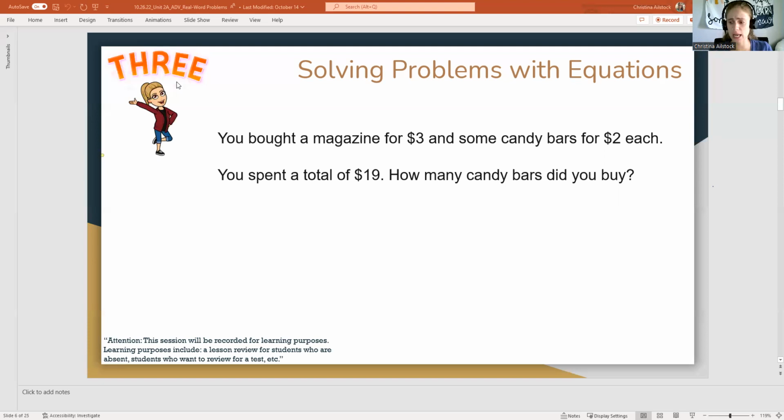For example, the other day, when my husband was working, because he works from home as well, I overheard him, and he was having to come up with an equation because they were trying to figure out, all right, how many hours does it take to do this, this, and this? So they could figure out, do we have enough people that are able to get this job done? Or do we maybe need to look into hiring a couple more?